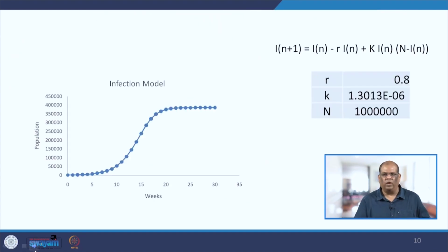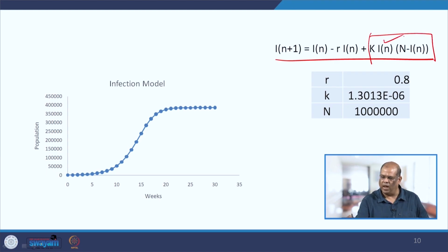This is the one we already have seen, that when your model is like this, where the law says that it varies directly to I_n and minus r I_n with r value 0.8. This is 1.3 into 10 to the power minus 6 and this is 10 to the power 6.